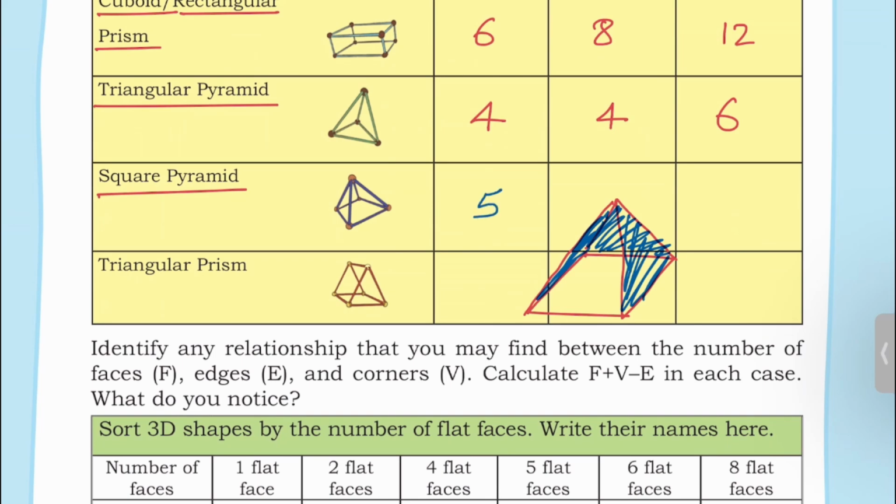Number of corners or vertices 1, 2, 3, 4, 5. And number of edges 1, 2, 3, 4 and 4 at the bottom. That means 4 plus 4, 8.